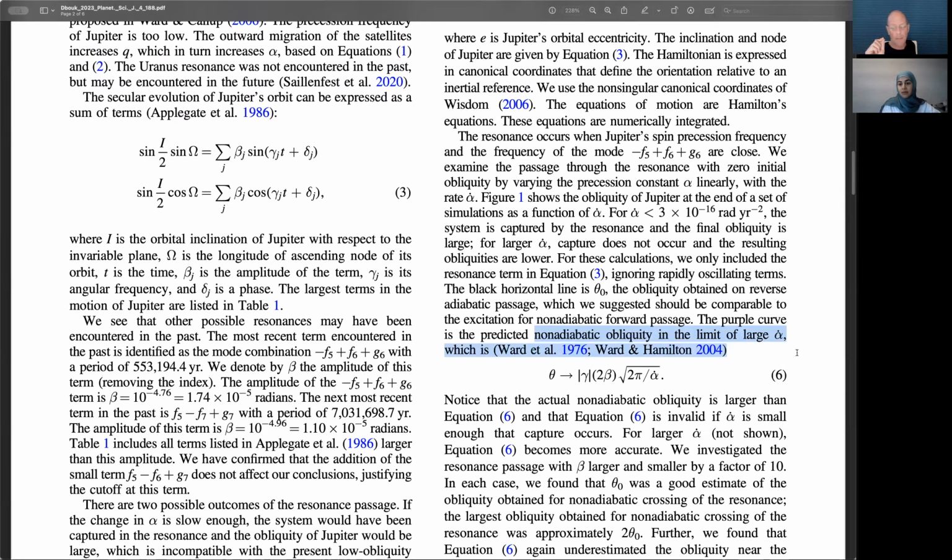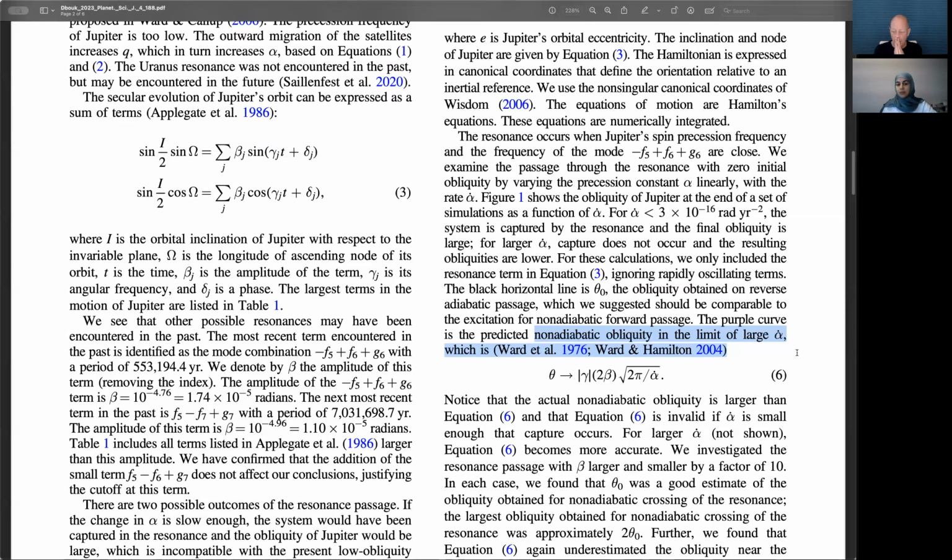Because if the resonance is captured, you would expect that it's currently in the resonance and the obliquity keeps increasing as we go further in the future. But we're not in the resonance, so we thought that it could be a non-adiabatic passage. And non-adiabatic means that crossing the resonance happens so fast, the change in the precession rate of Jupiter's spin axis is much faster than going one cycle around the resonance, so it cannot be captured in it.